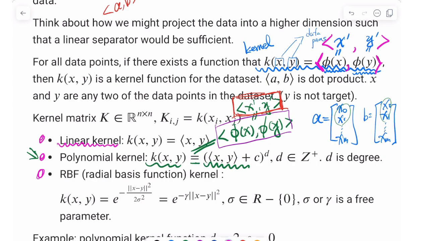And take a look at the pink one. That is the distance between x and y in the original space, right? That is a dot product of x and y, okay? We wish the distance relationship should be polynomial. That means this value plus a constant and power by degree, d.